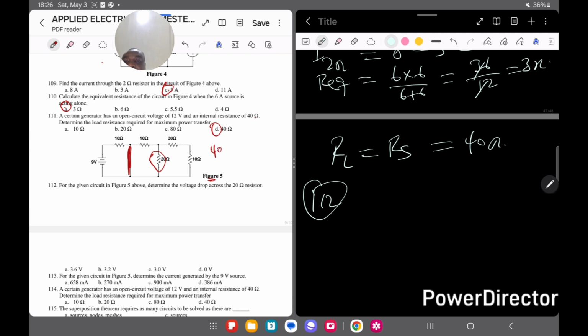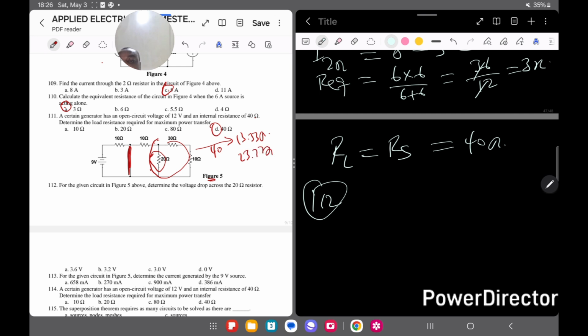Now 40 is going to be in parallel with 20. So the equivalent resistance would be 40 times 20, divided by 60, meaning 40 plus 20. So you get 13.33 ohms for this part. Once you are done, you see that 13.33 ohms is going to be in series with 10 ohms. So when you add it, that becomes 23.33 ohms.